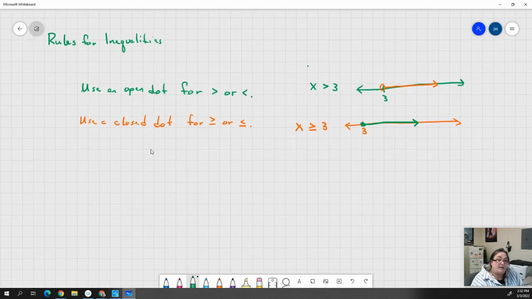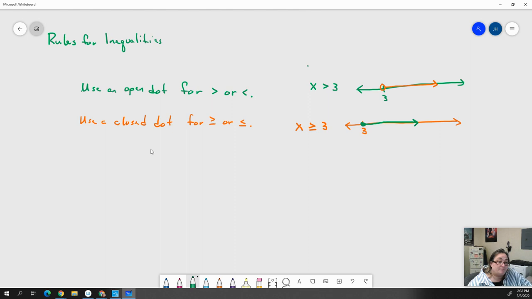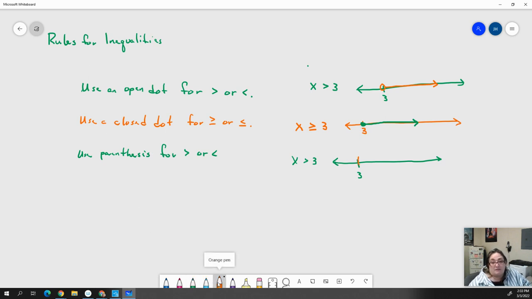Often you'll see it as, you can use parentheses for greater than or less than, right? So same thing, if I have x is greater than 3, I could have my 3 here and I could use an open parenthesis like that to indicate it.